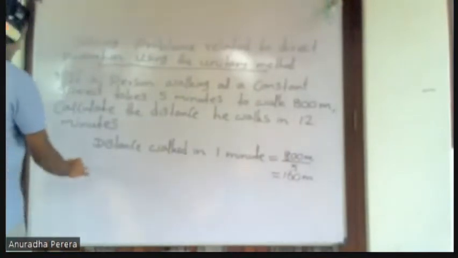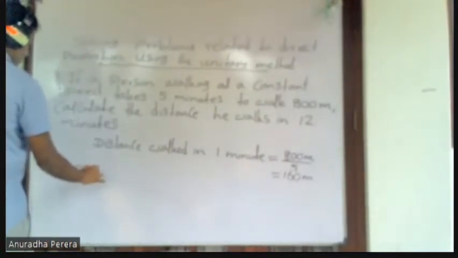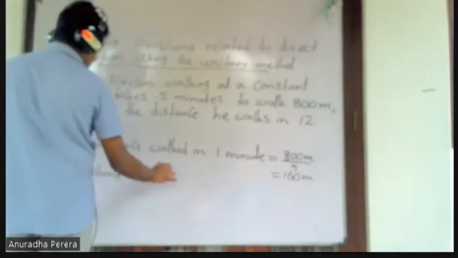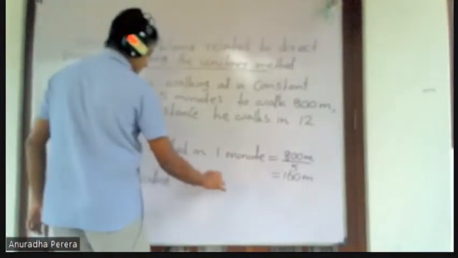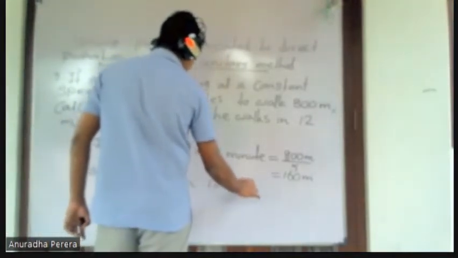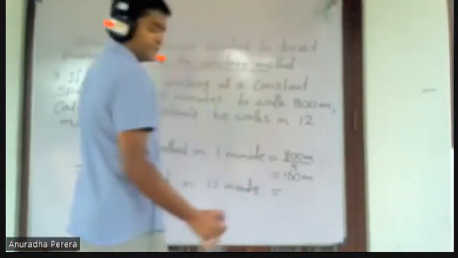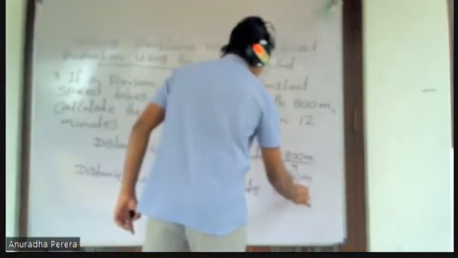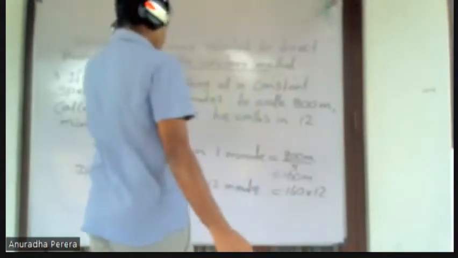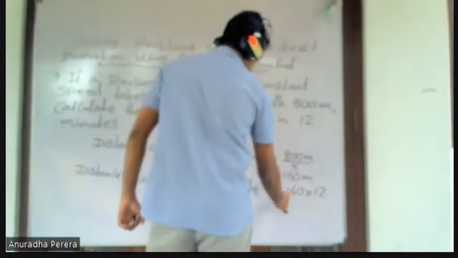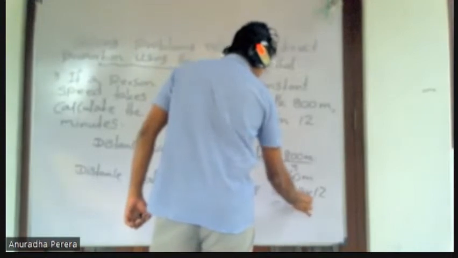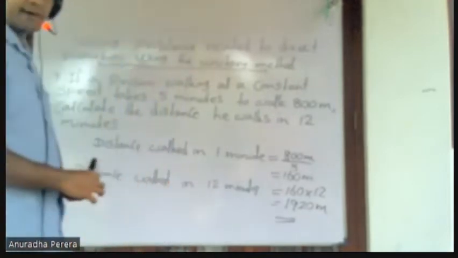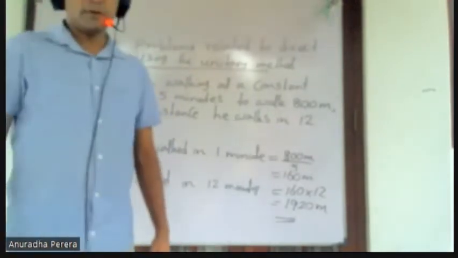Then the distance in 12 minutes: multiply 160 by 12. The answer is 1920 meters.